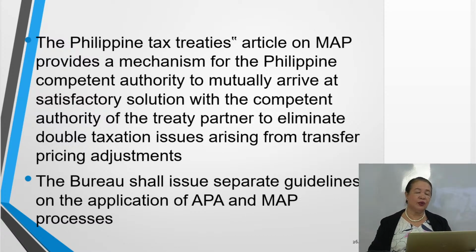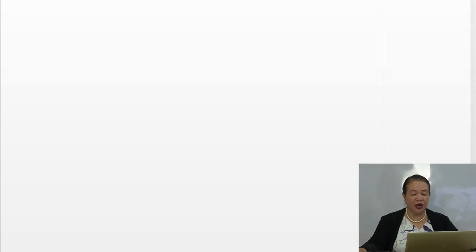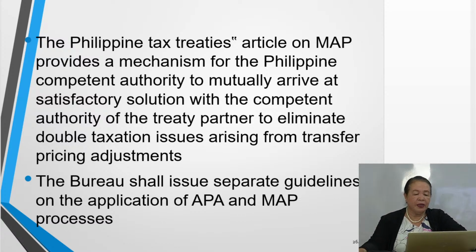Kailan nangyayari itong tinatawag natin na double taxation, no? In particular sa mga transaction, no? Ano to? May competent authority of the treaty partner, no? May treaty partner tayo, which I told you, meron na tayong 43 countries na meron tayong tax treaty, no? So, how to eliminate double taxation issues arising from transfer pricing adjustment?